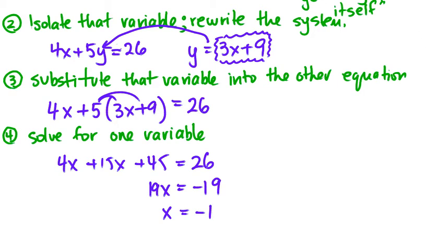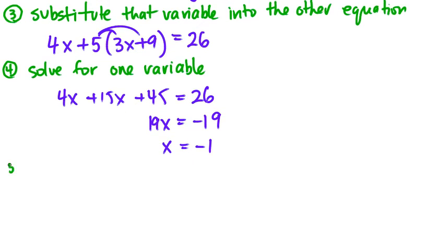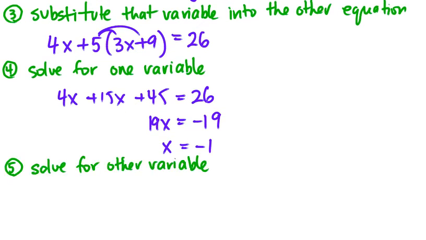Then, as my last step, I need to solve for the other variable. The way that you solve for the other variable is to substitute it back into either of your original equations.